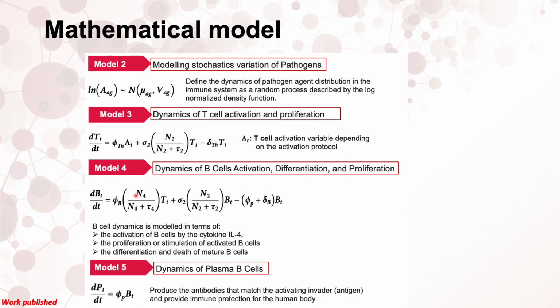We also model the dynamic of the B cell population's immune response as a function of B cell activation, disappearance, or differentiation into more antibody. And finally, the plasma B cell is modeled as an output result of B cell differentiation.